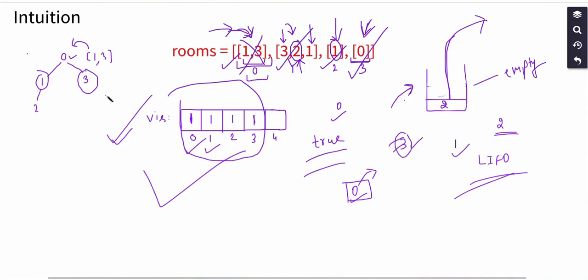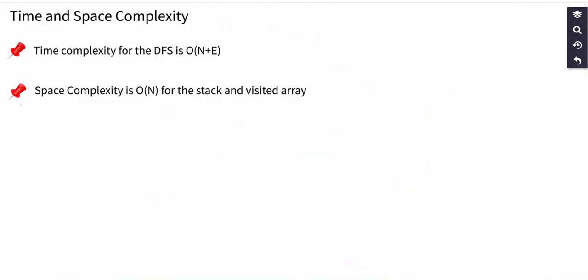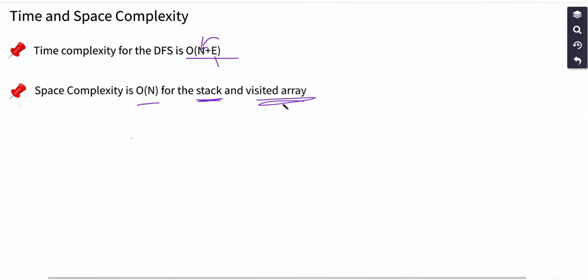So this is just a depth first search that we are performing here, and the depth first search approach takes O(n + e) time complexity, where n represents the number of nodes and e represents the number of edges, while the space complexity is O(n), that is the stack space and visited array, while the auxiliary space is consumed by this visited array only. While the space complexity is linear because I'm using an auxiliary stack and an auxiliary array. So I'm explicitly using a stack to store the nodes and to process them in the order in which we want. So that's how the solution works.